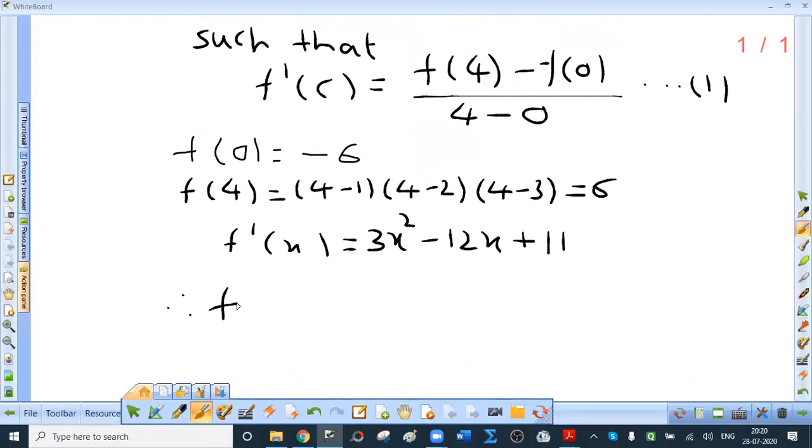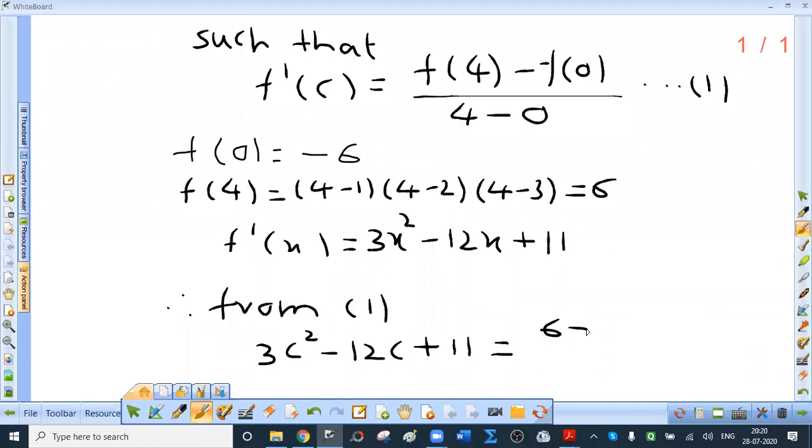Therefore, from 1, tell me what you get. So from 1, f dash of c will be what? It is better to write that separately, but here I will write directly 3c square minus 12c plus 11 is nothing but, what is f of 4? It is 6 minus minus 6 upon 4 minus 0.